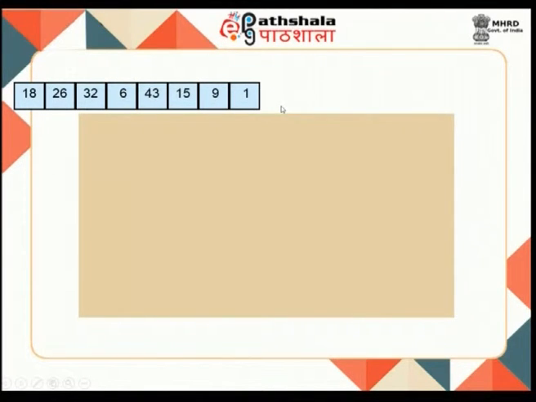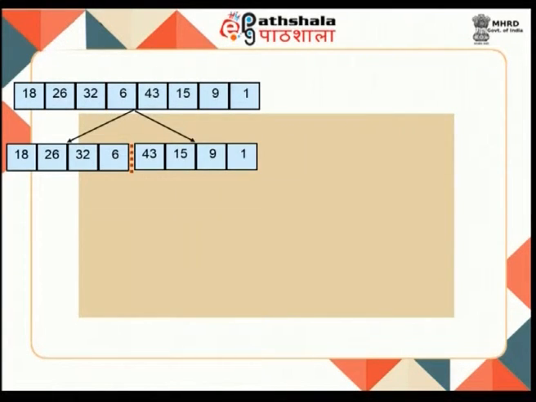This array needs to be divided, because division is the first stage of divide and conquer. Now I am dividing this array into two sub-arrays. You can see the sub-problems are similar to the original problem, the only difference is that the size of the sub-problems is smaller.